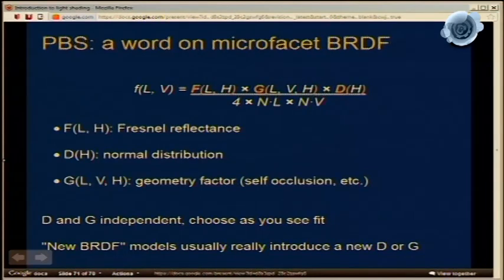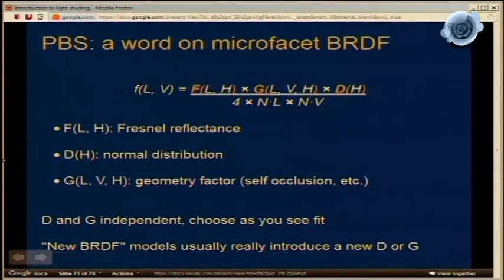Now, the D function, the normal distribution, is what we just saw: the Phong model and the Blinn model are implementations of the D function. And then we have another function that I didn't mention at all, which is the G function, the geometry factor. It's the one that tells us how much light is going to be intercepted by the material itself.